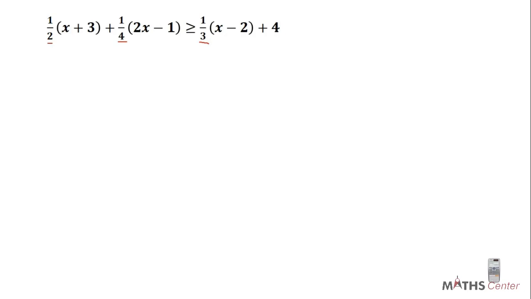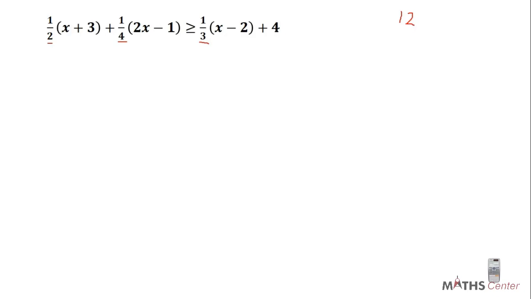If you find the LCM of 2, 4, and 3, you are going to get 12. I've explained how to find LCM in the videos on sets, so if you watch that video, you will know how to find the LCM of a set of numbers. So here, the LCM of 2, 4, and 3 is 12.